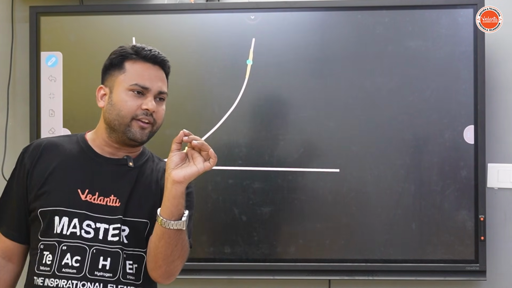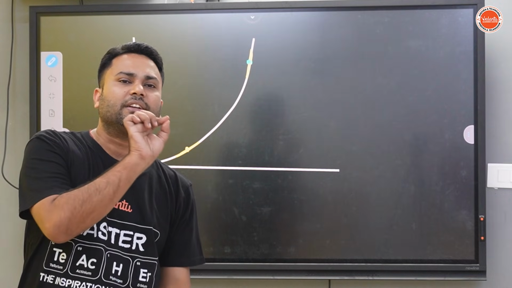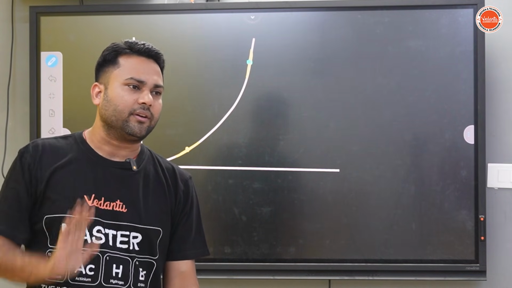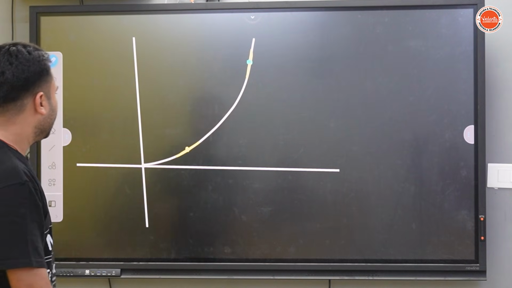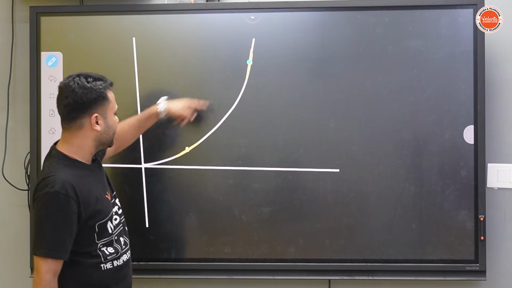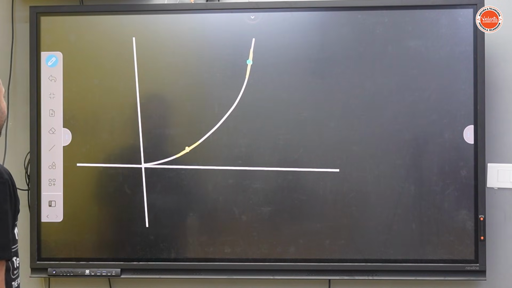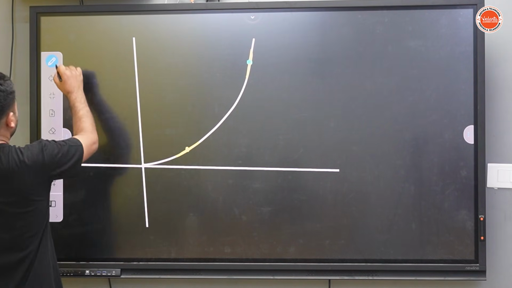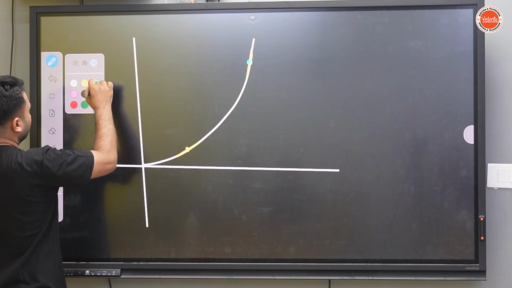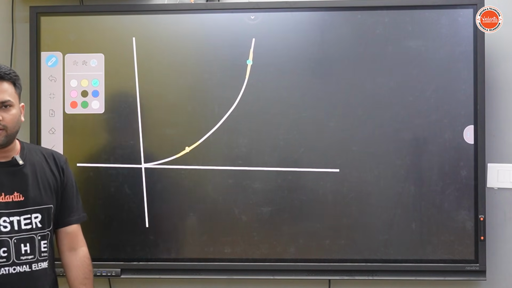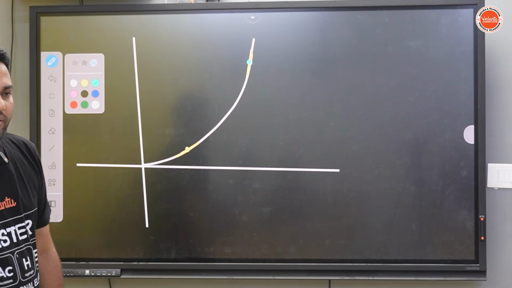At any point, if they ask what the slope is, just draw a tangent to the curve passing through the point. Correct? Definitely, we can see here the slope is too much, here the slope is less. Now this is just to feel what the value of the slope is.